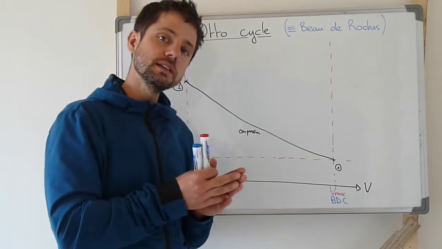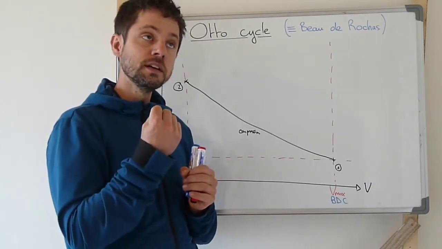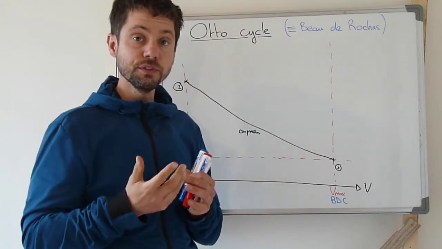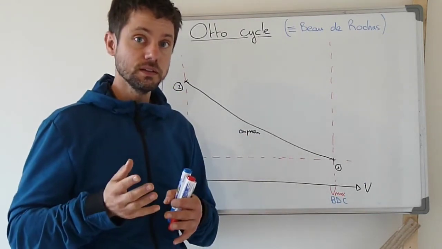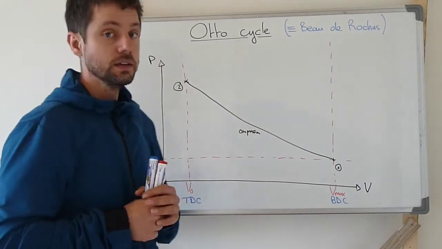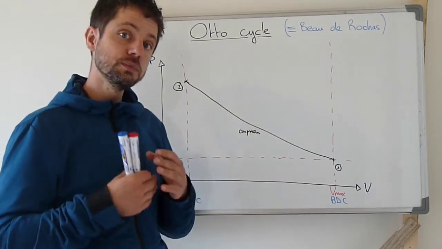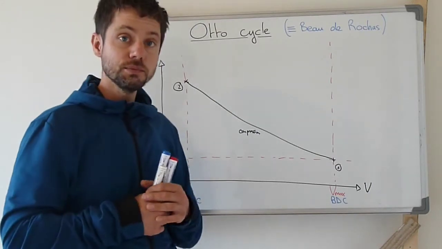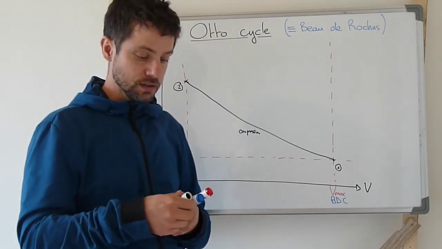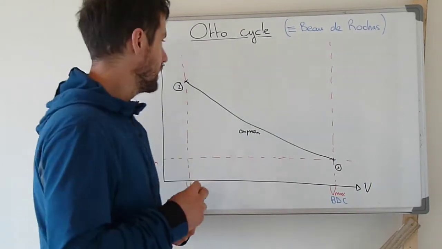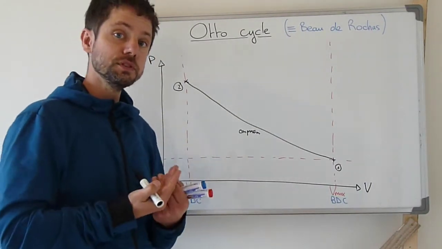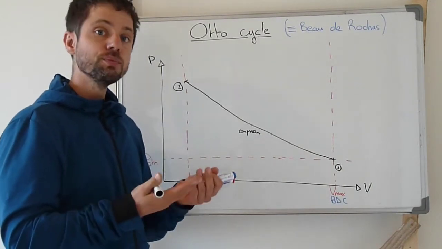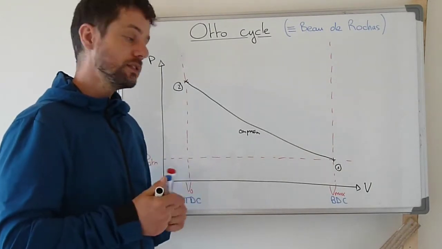If it's instantaneous, it means that the piston has no time to move, and if the piston does not move, then the volume remains constant. So from a thermodynamic point of view, it's what we call an isochoric transformation, isochoric with a constant volume, and it's an isochoric heat input, so the fluid will receive heat that will increase both the pressure and the temperature.